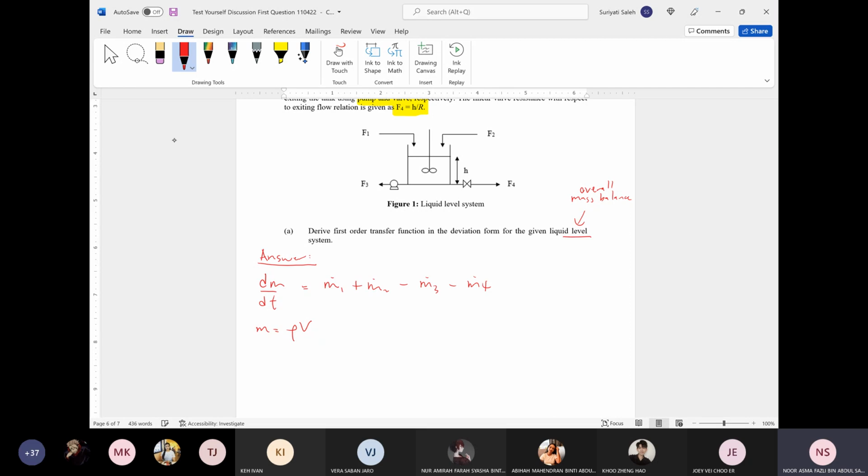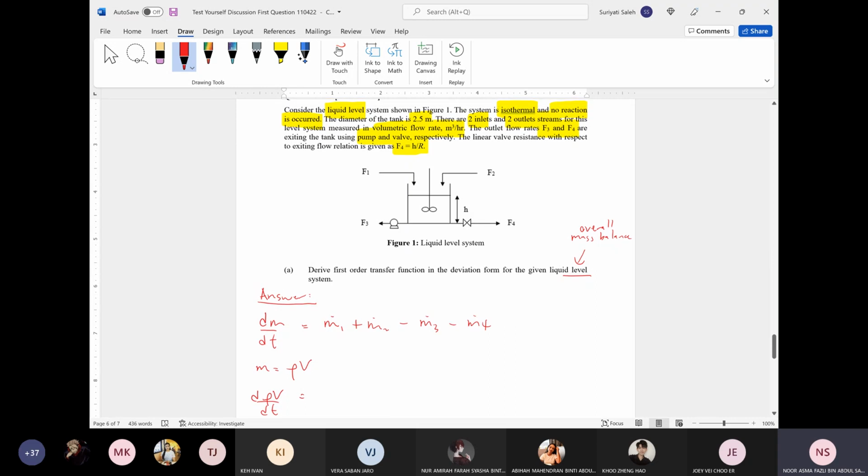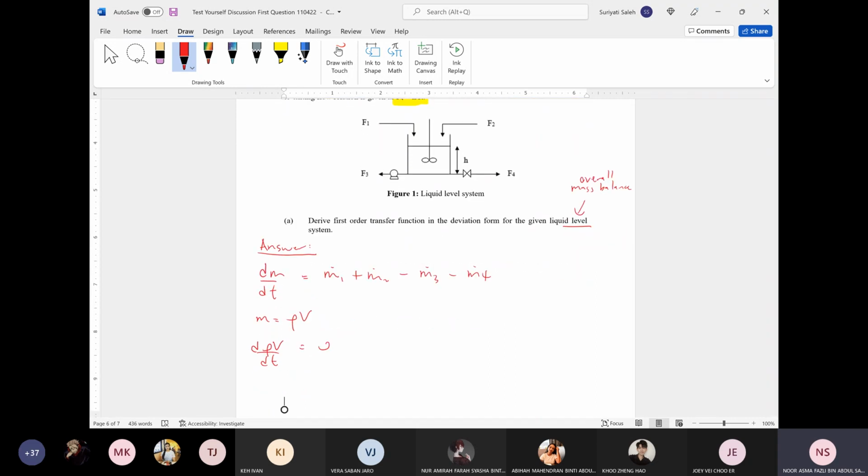This gives d(rho V)/dt equal to rho 1 F1 plus rho 2 F2 minus rho 3 F3 minus rho 4 F4, where F is the volumetric flow rate in meter cube per hour.